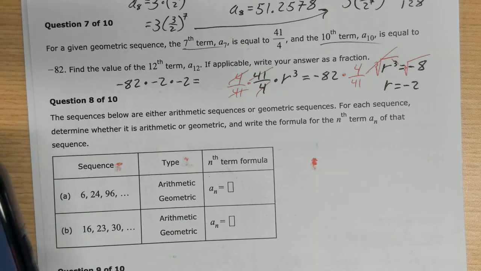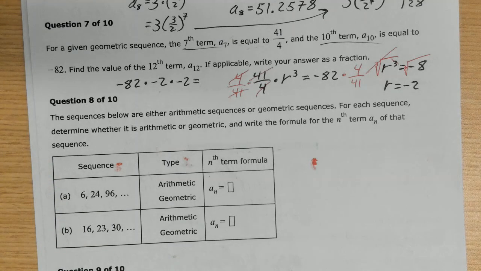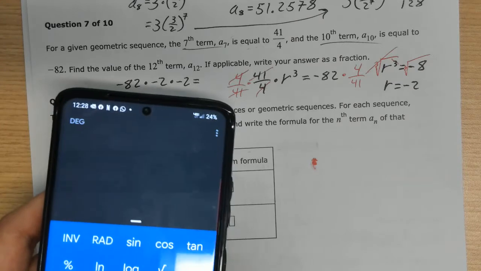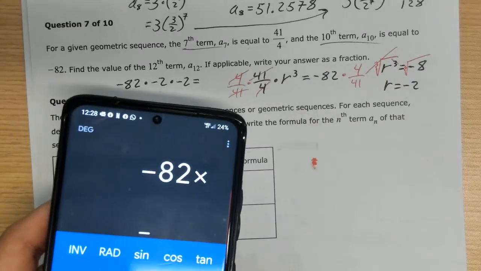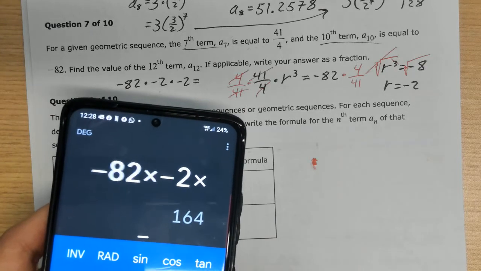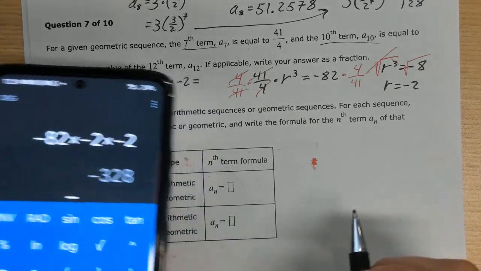I thought you said multiply 82 twice. Oh, no, not 82 twice. Remember, to get to the next term, we multiply by the common ratio. So the 10th term is -82, and the 12th term is minus 328.